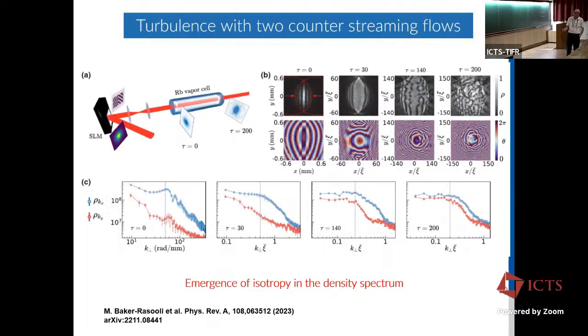We can see that at early time, there is a strong anisotropy due to the fact that we have a forcing frequency, which is fixed by the angle that we impose at the input. But then, during the evolution, we have the emergence of isotropy, and here the two distributions are superposed for all the wave vectors.